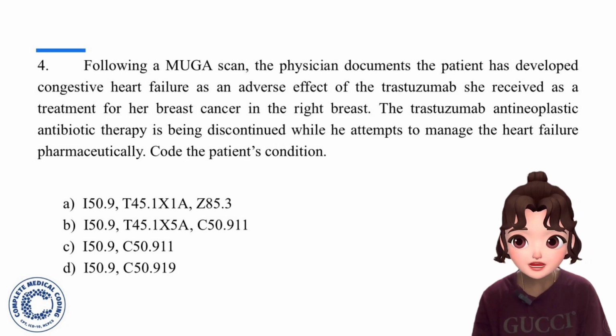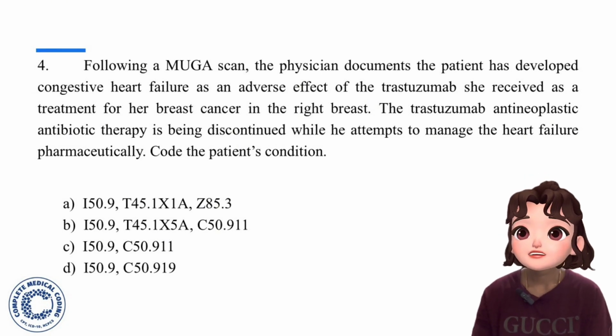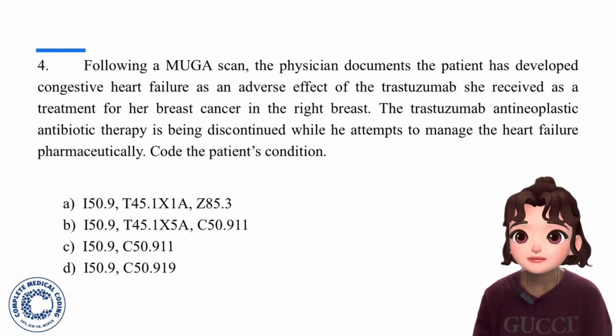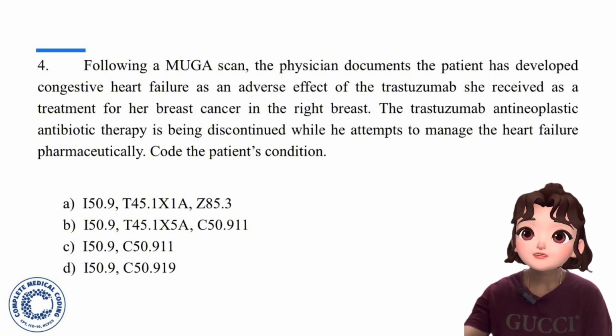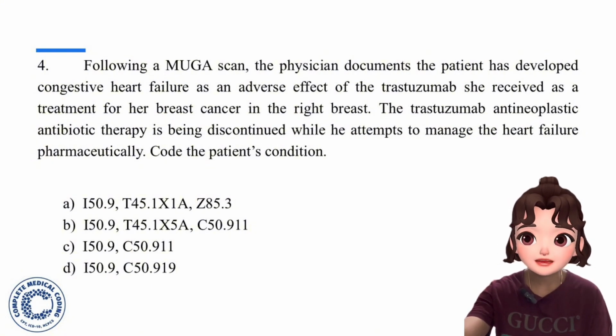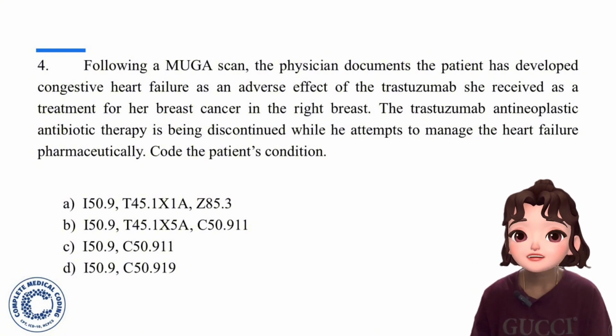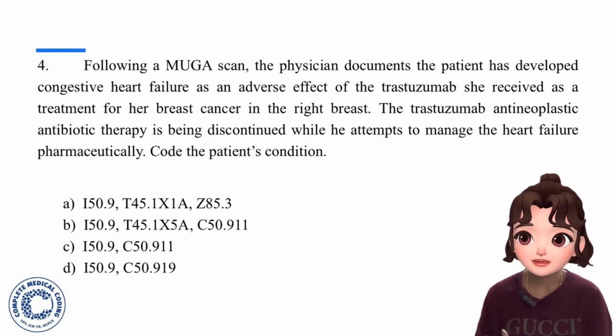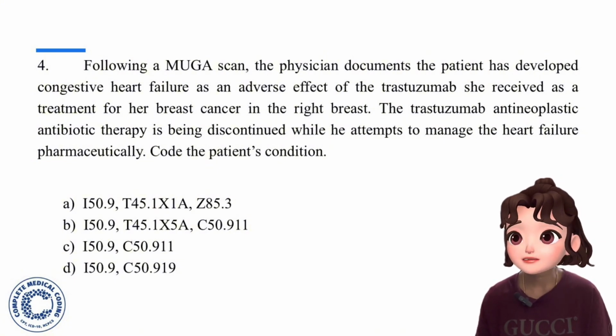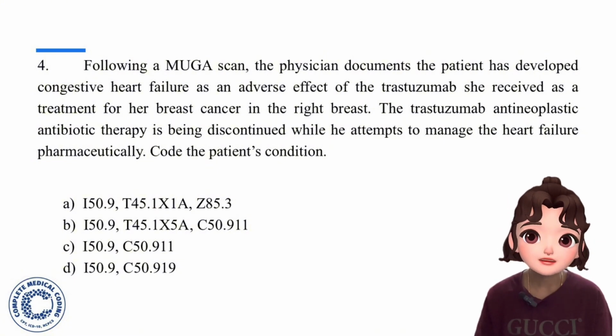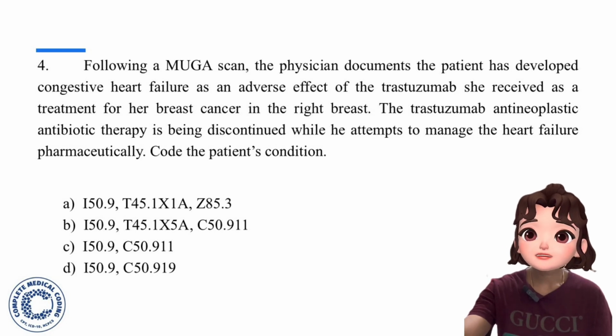Code the patient's condition. So that medicine is discontinued while he attempts to manage the heart failure. We have to code this patient's condition. The patient has breast cancer. What else? Heart failure. Everything you need to code. Let's go and find out.